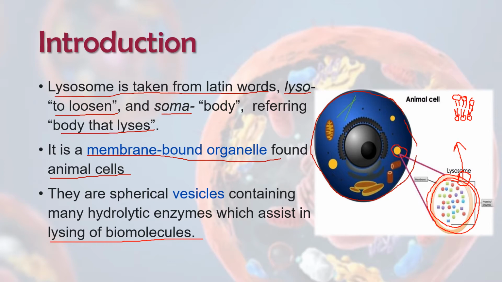And inside this, you can see there are so many structures. Some are square, rectangle. Actually, they are representing the hydrolytic enzymes. Almost more than 50 types of hydrolytic enzymes are present in this particular vesicle, or we can say sac. So these structures are hydrolytic enzymes.